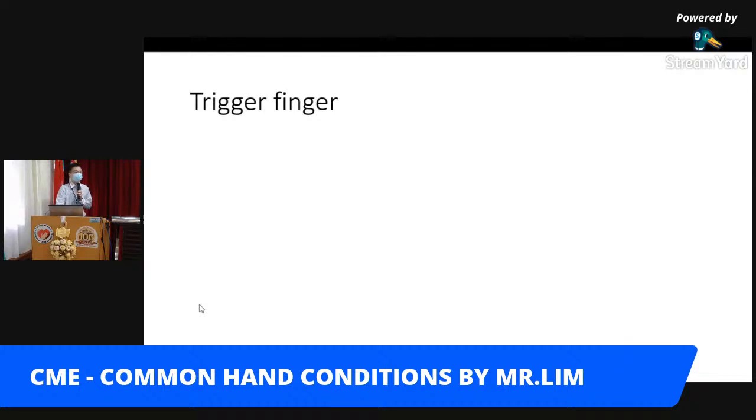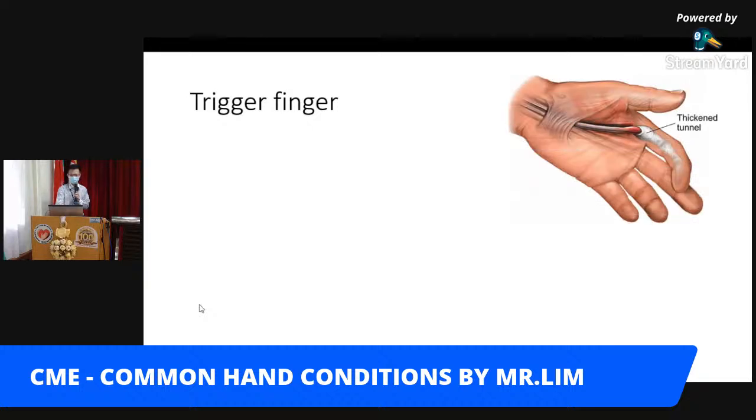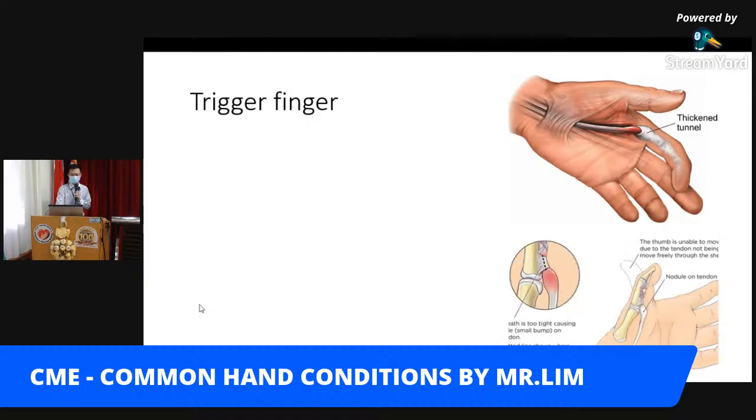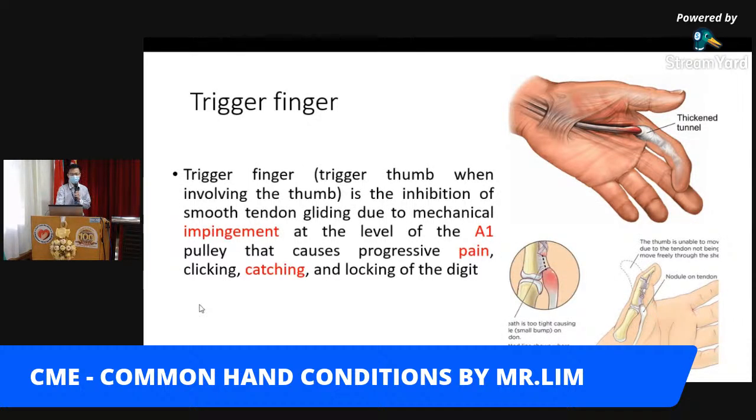Next, we go to trigger finger. Trigger finger, or when it happens in the thumb, we call trigger thumb. We have only 4 fingers and 1 thumb in a hand.